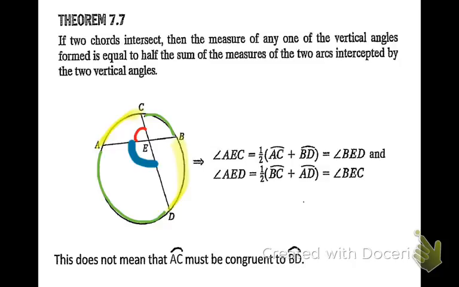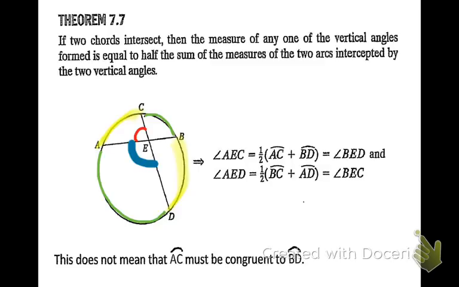And you can see from our example above, the 60 and the 90, if we added those two together and divided by 2, it's 75, and that's what we got for our angle. So we kind of proved that using numbers, but that's the case for all of those.